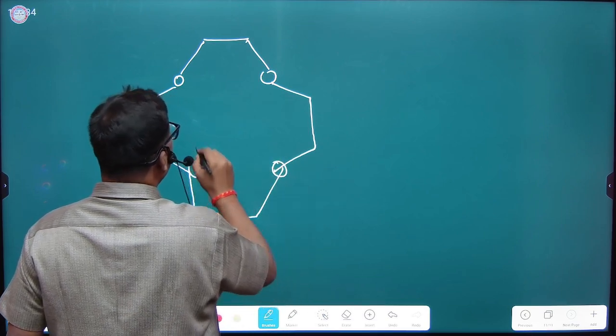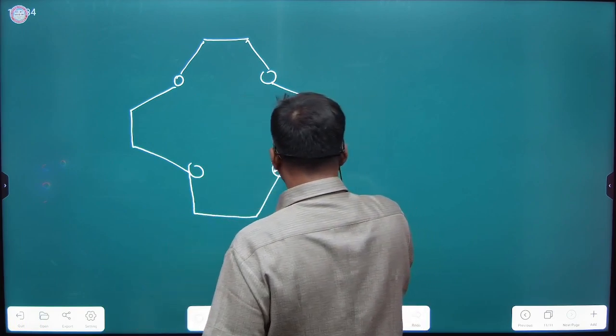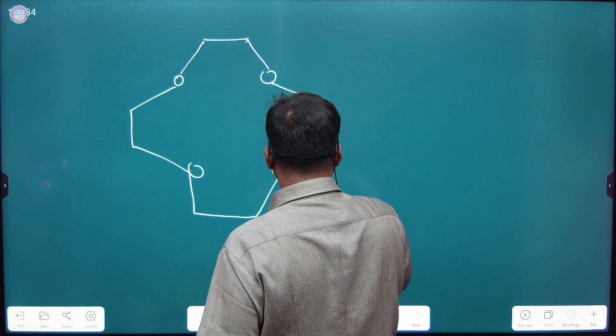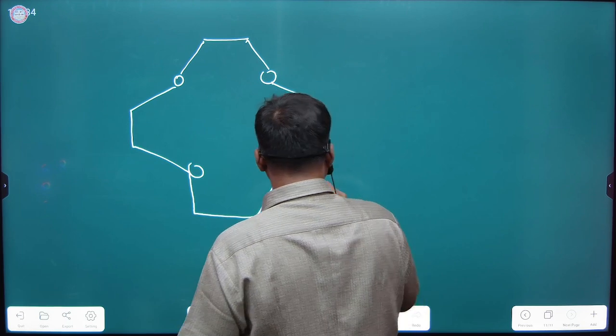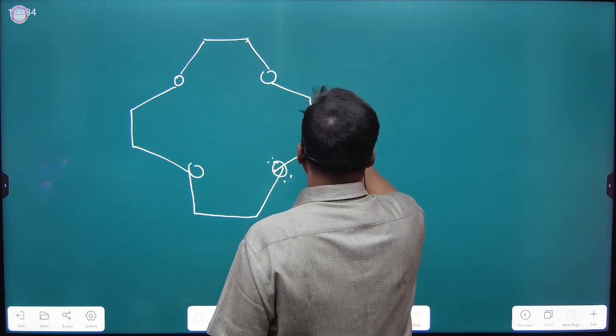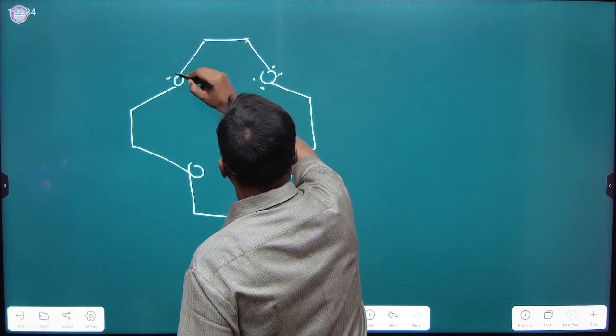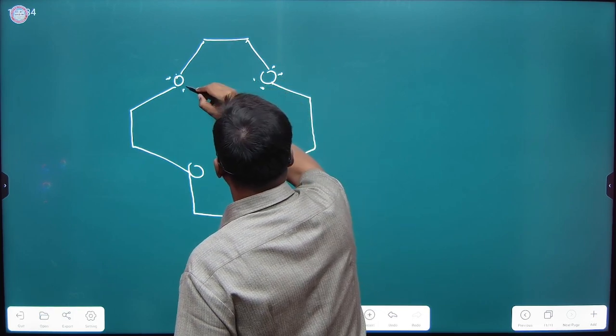O, O, right? Each oxygen has 2 pairs of electrons.